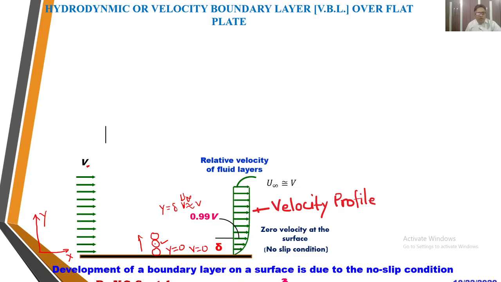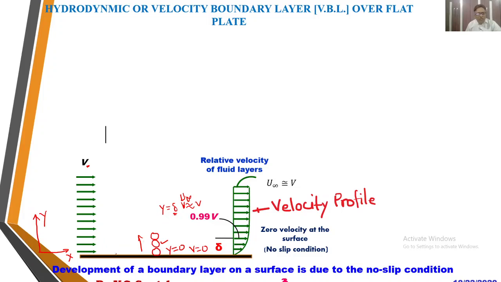So the distance y in which there exists a velocity gradient in the fluid layers by virtue of the no slip condition is called the boundary layer, velocity boundary layer or hydrodynamic boundary layer.